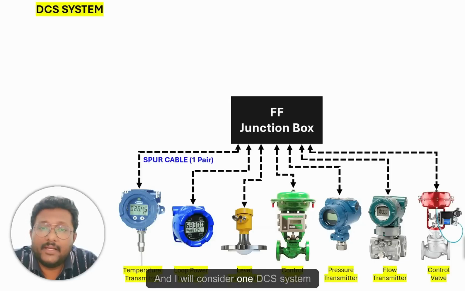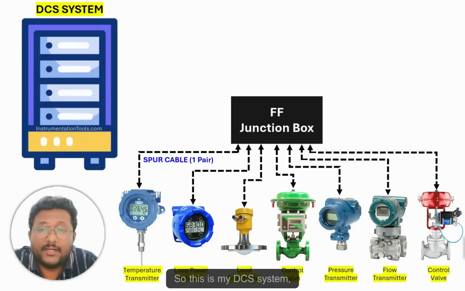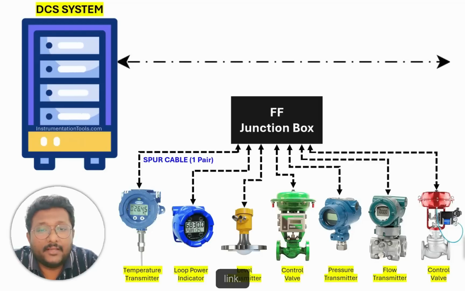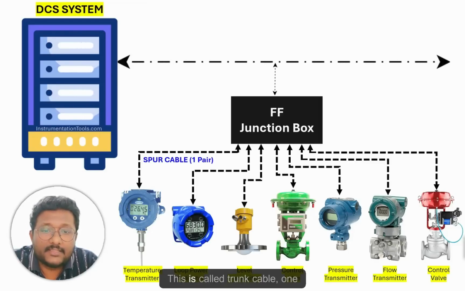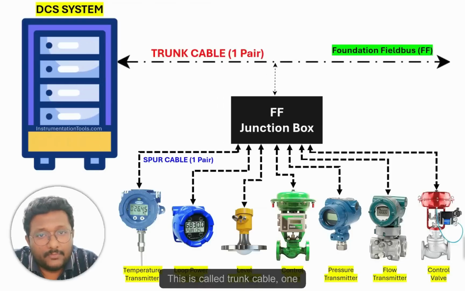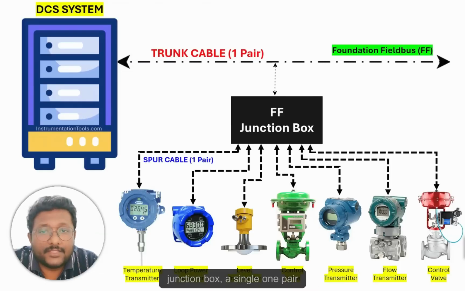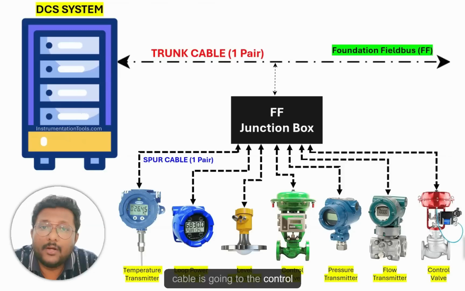And I will consider one DCS system here. So this is my DCS system, distributed control system. And we have one FF communication link and it is connected to the FF junction box. This is called trunk cable, one pair cable. We already saw that from each FF junction box, a single one pair cable is going to the control system.